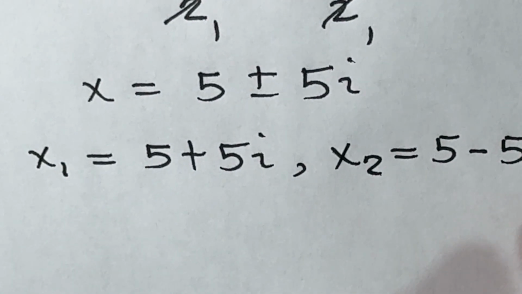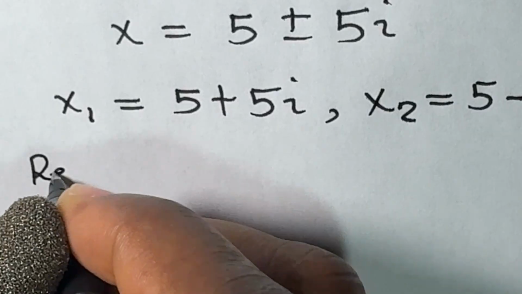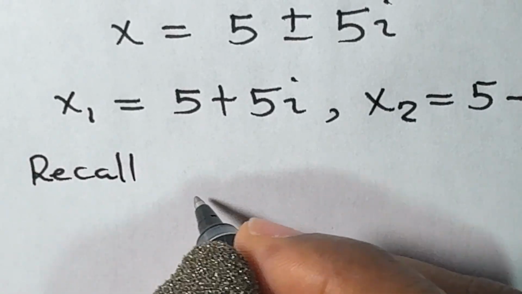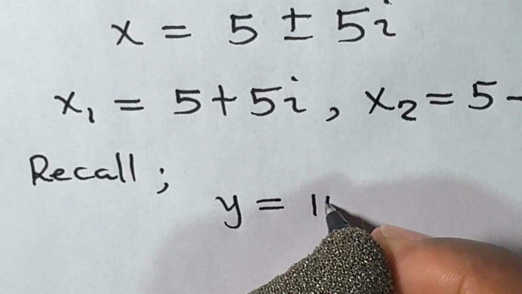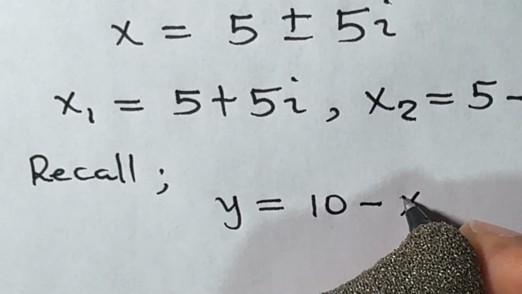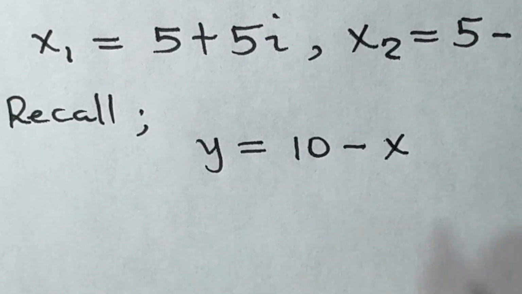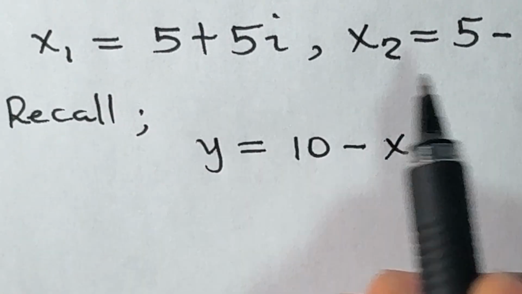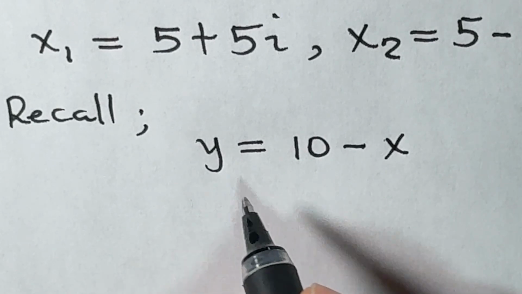Now recall that equation 3, we had y is equal to 10 minus x. You can scroll back to double check. So we just need to now substitute for each of these cases to get the two corresponding values of y.